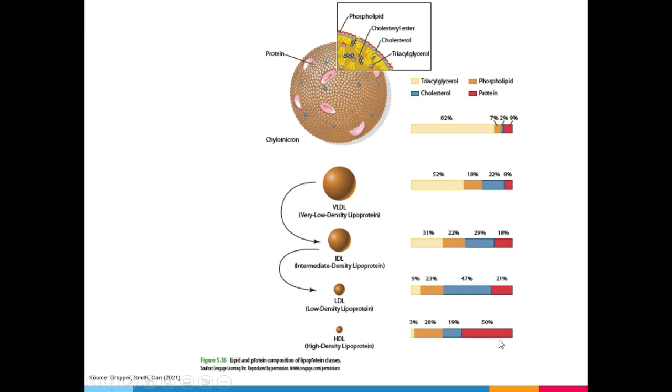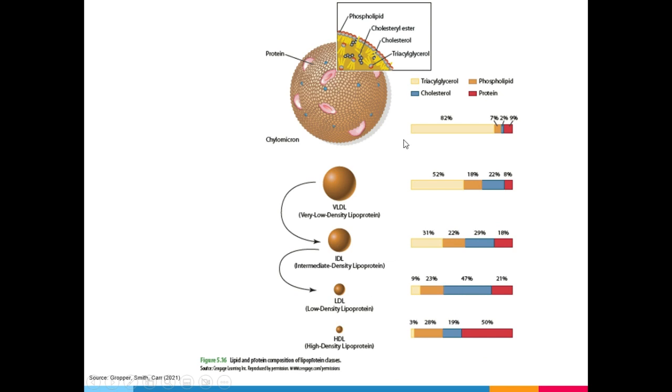So HDL is the most dense. Although it is the smallest in size, it is the most dense because it has the most proteins. Which has the most cholesterol? We can see here it's the LDL. 47% of the LDL is made up of cholesterol.